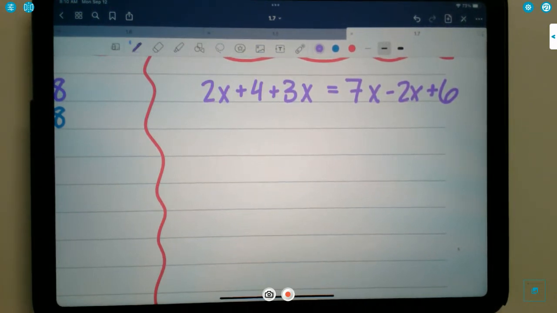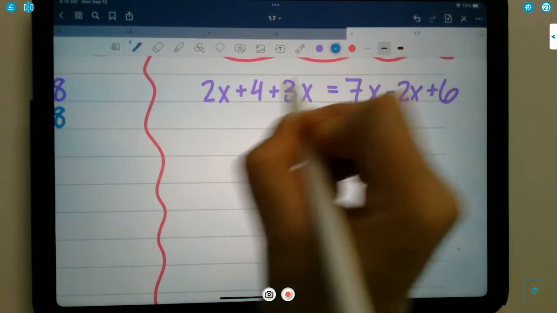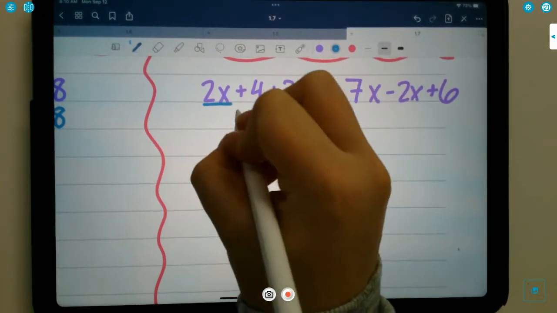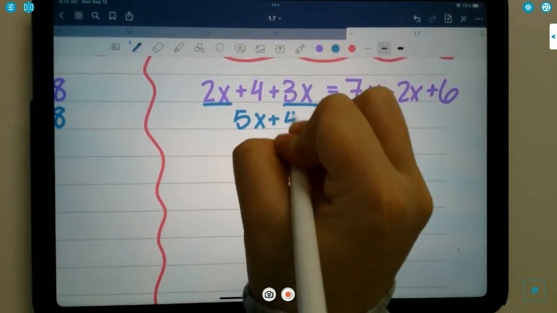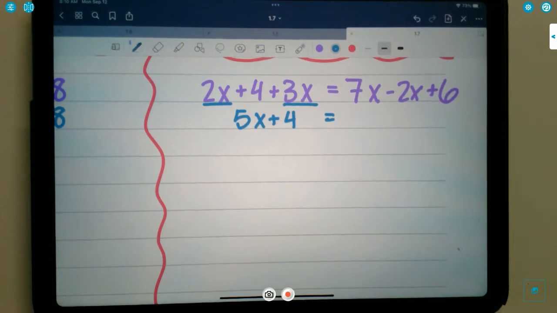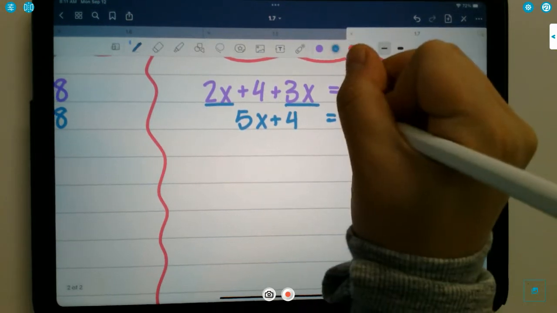On the left side, I'm going to combine together 2x and 3x, and I will get 5x. So these combine together to be 5x plus 4 equals. And on the right side, I've got 7x minus 2x. 7 minus 2 is 5, so I've got 5x plus 6 on the right.